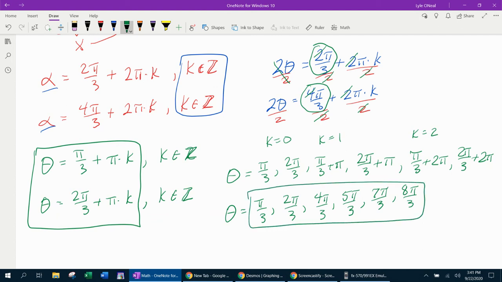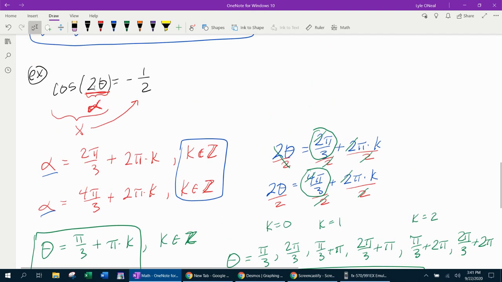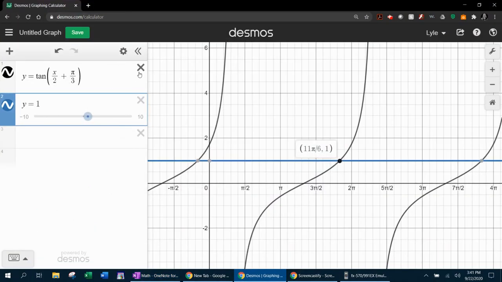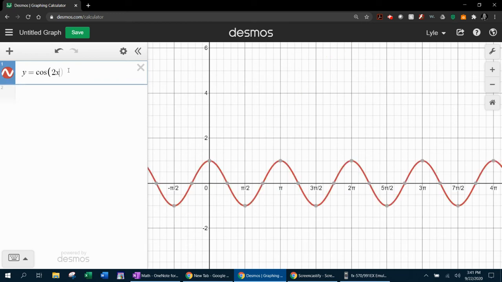And now we're going to verify that with DESMOS. All right, so remember what those are. Now, the original equation, cosine of 2 theta equals -1/2. We're going to say y equals cosine of 2x, x instead of theta, where y equals -1/2.